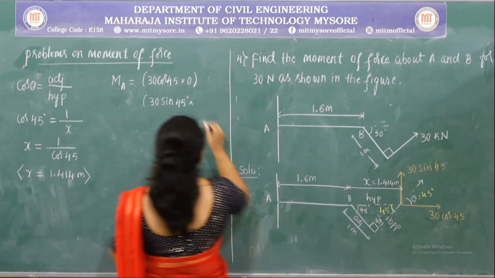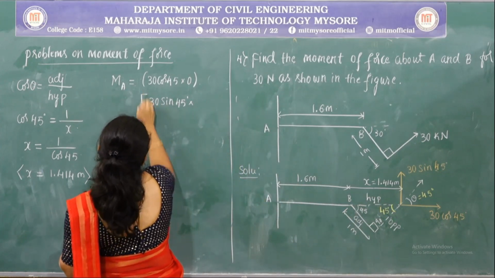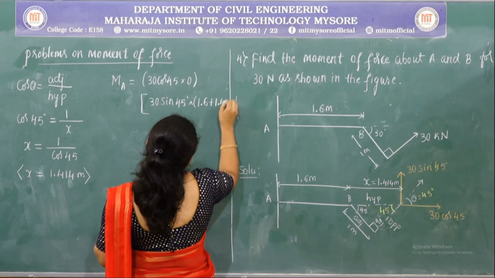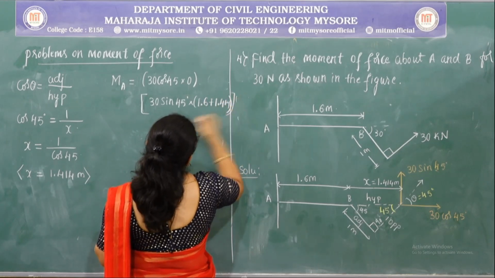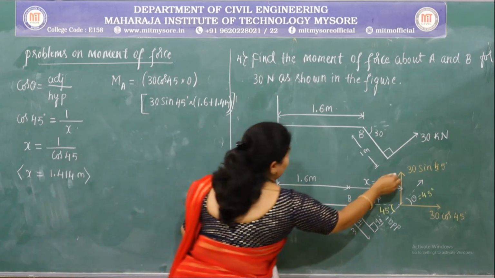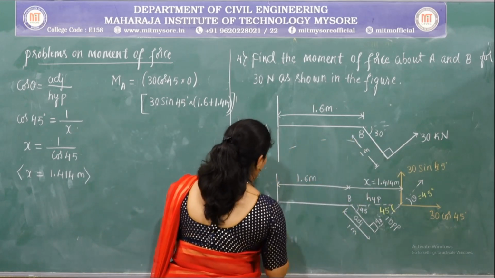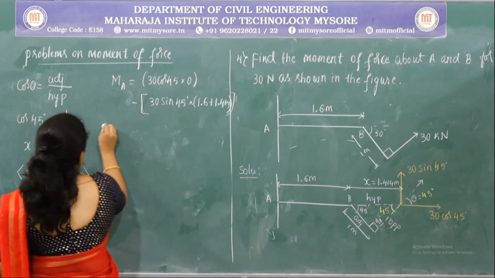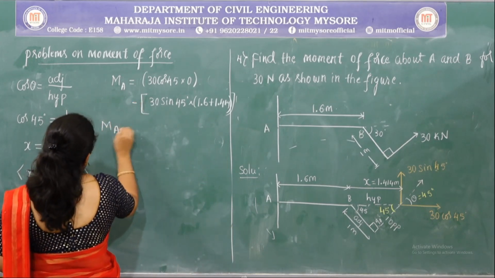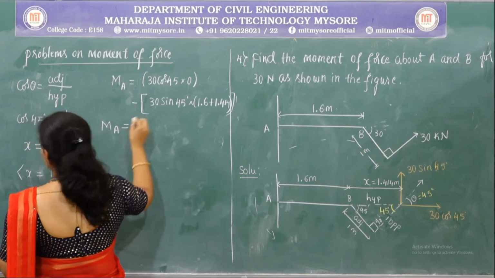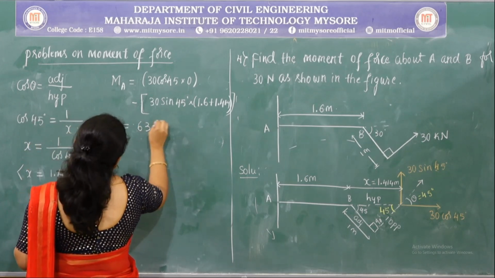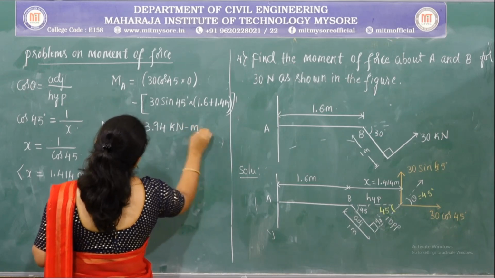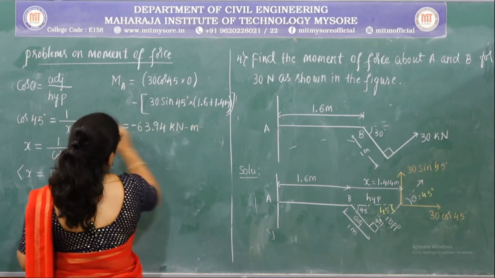The perpendicular distance now is 1.6 plus 1.414, and it is producing anti-clockwise moment about point A. Now this value becomes 63.94 kilonewton meter anti-clockwise.